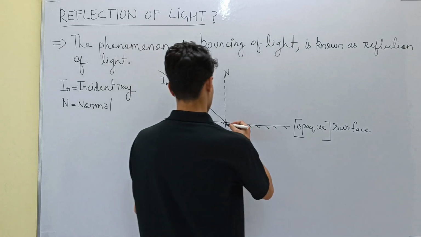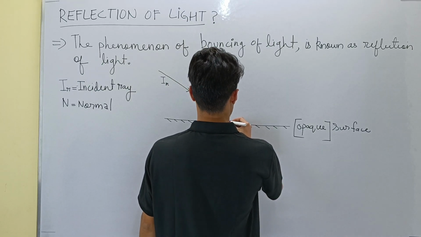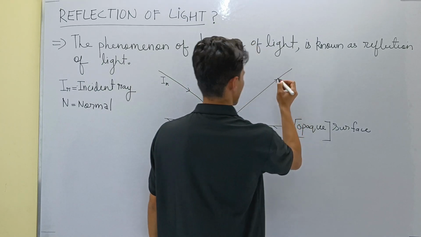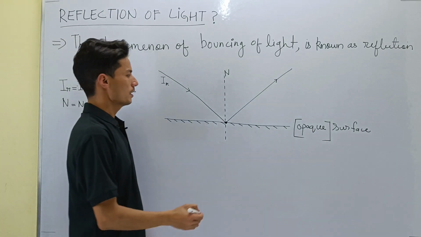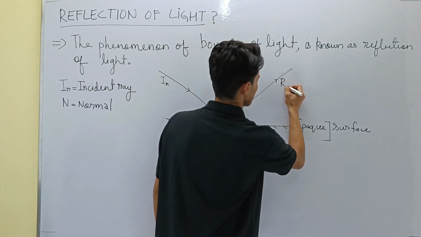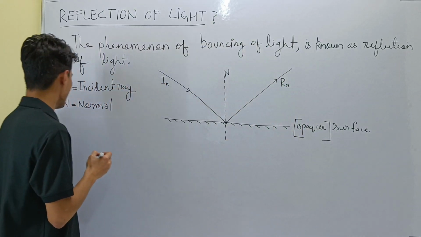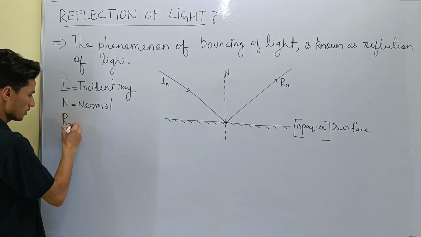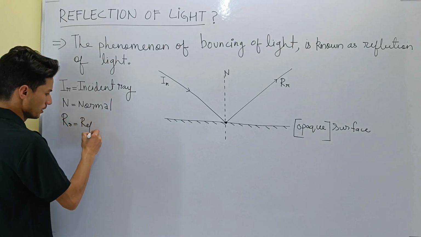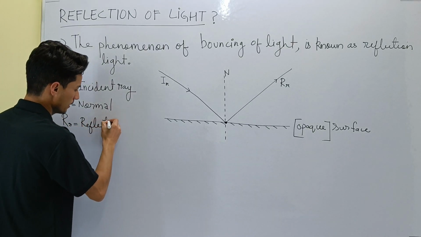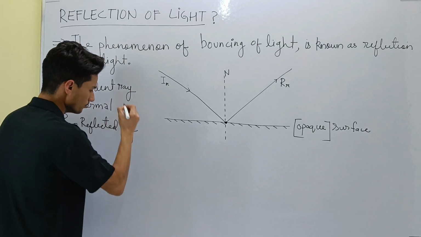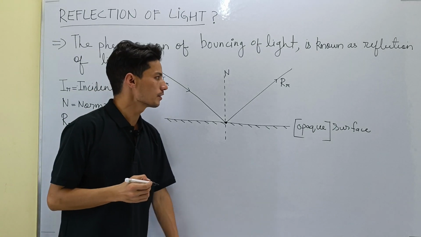So we will draw the reflected ray now like this. Let us name this reflected ray, RR, capital R, small r. I hope you all are following so far.